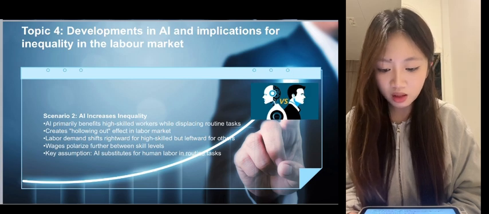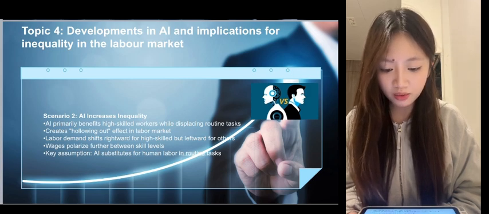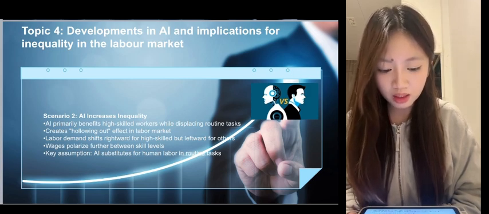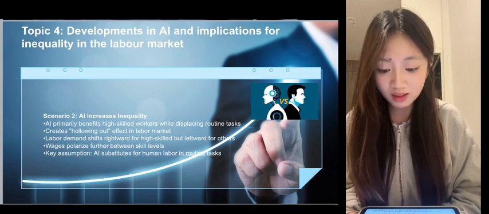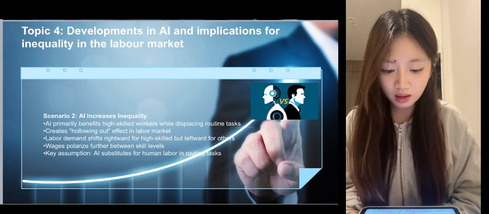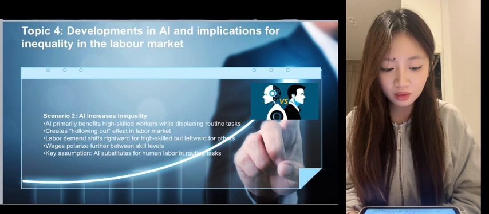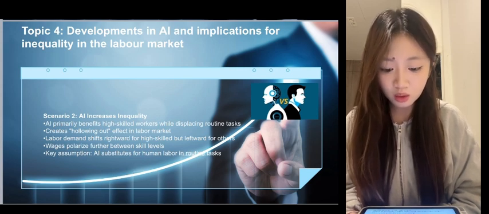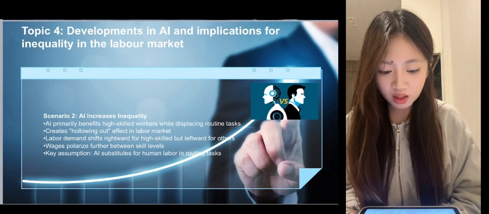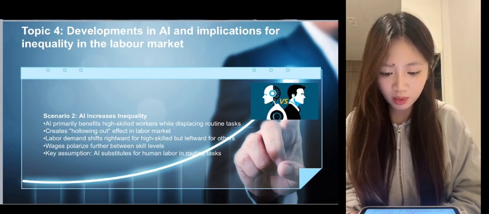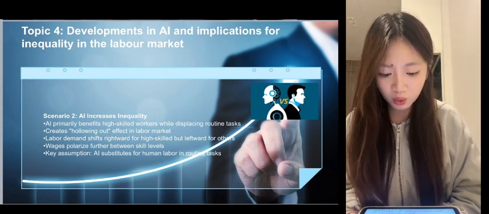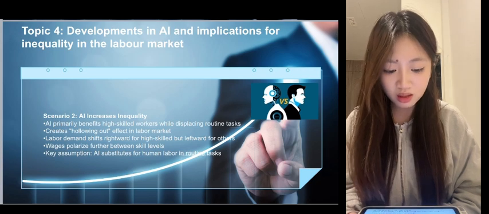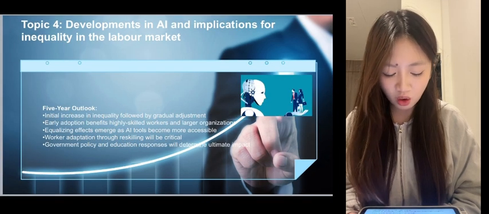This forms the hollowing out effect, where demand for labor increases on the upper side for high-skilled workers, but there is an outflow on the lower end for middle and low-skilled workers. There is further wage polarization, with high-skilled workers using AI tools seeing salary increases, while others experience stagnation or decline.